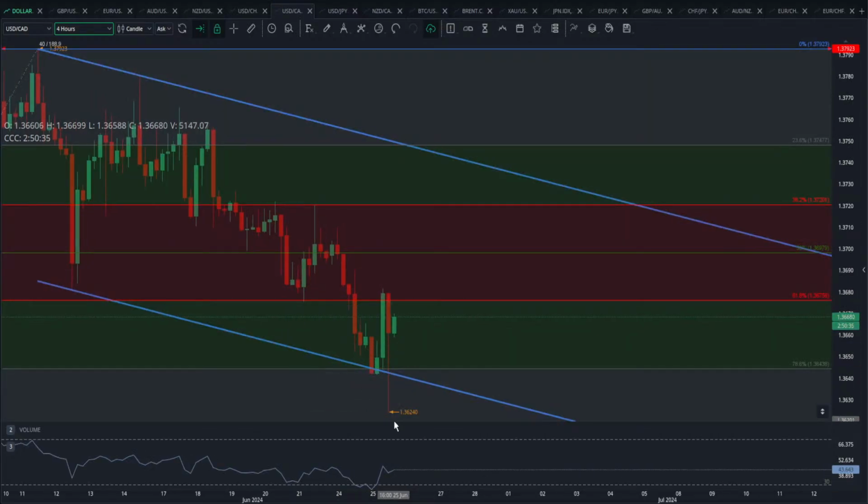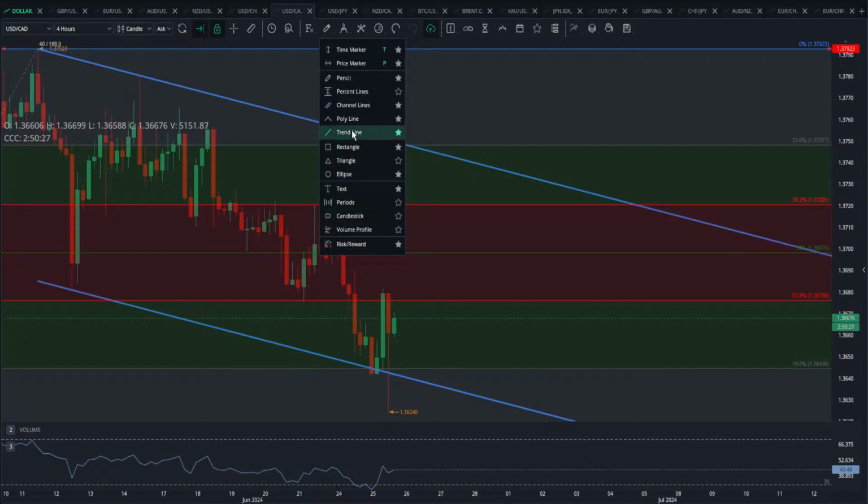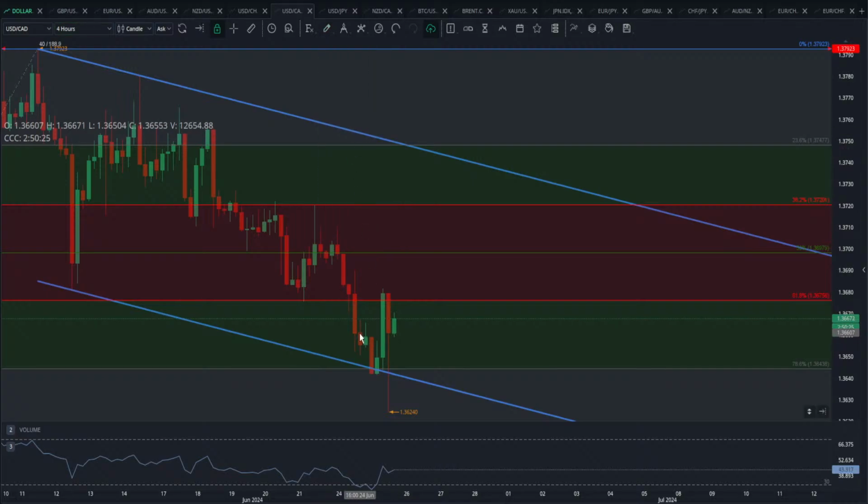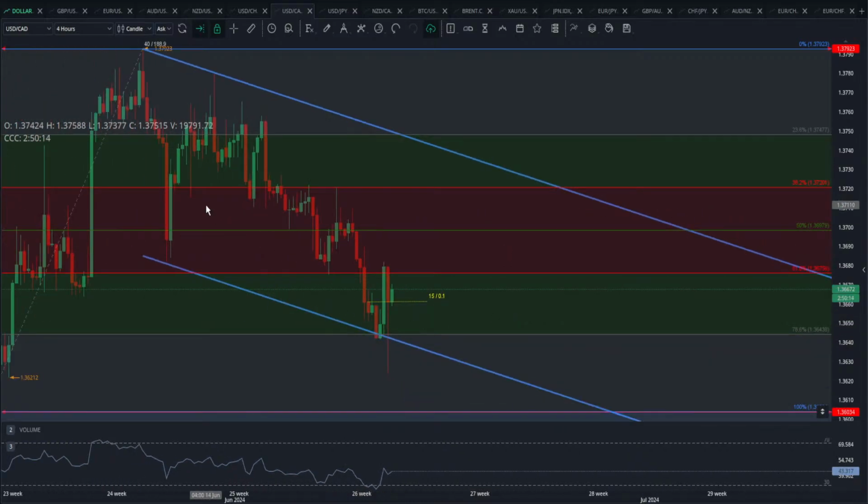See, after it has given a close higher than this red candle, this red candle's opening will be acting as a support. For those who are not aware of this fact, this is something new that they have learned. Yes, the open of this red candle will act as a support, and it will keep acting as a support till the time the price doesn't break downside of this one.